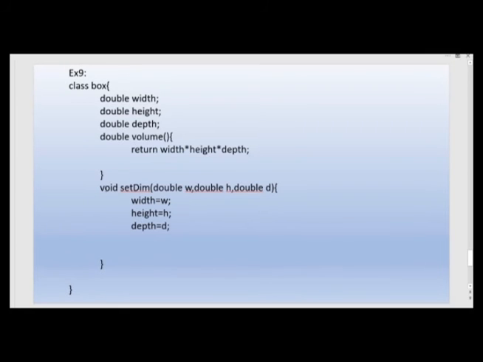And the second method, void setDim, has 3 parameters inside of the parenthesis. You can see double w, double h, double d. Inside the body of this setDim method, these parameters are assigned to width, height and depth.